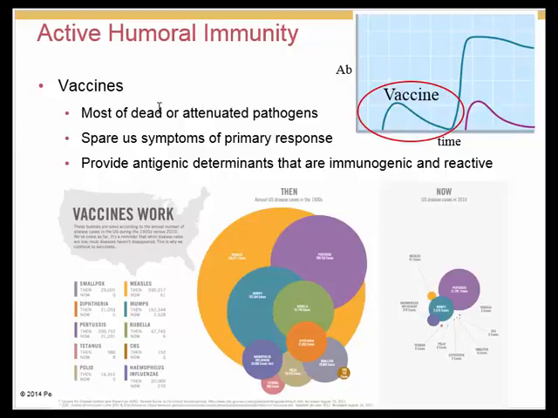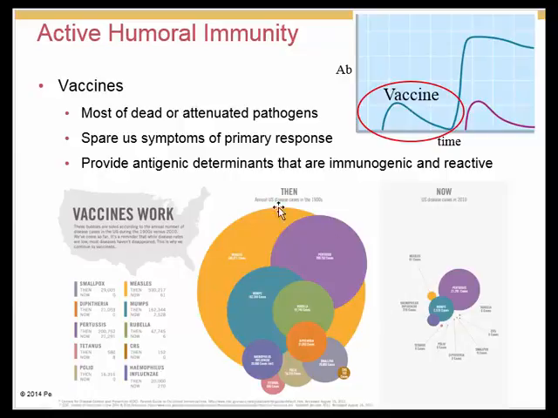So most vaccines are going to be dead pathogens or attenuated pathogens where they've been modified just a little bit so that they can't be infectious to us, but still expose all those antigenic determinants to our B cells. Right? It spares us the symptoms of the primary response while still creating it. And then we have the memory cells to help us out when we actually do become exposed to anything like measles, mumps, rubella, polio, smallpox.